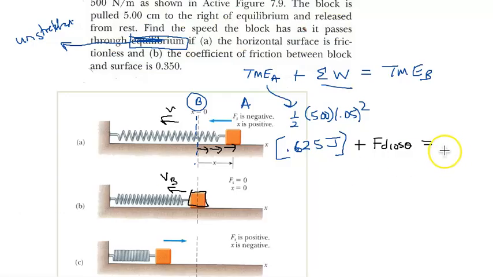And so that is what we're looking for, 1/2 mv squared at B. Okay, so moving on, 0.625 joules plus force of friction.